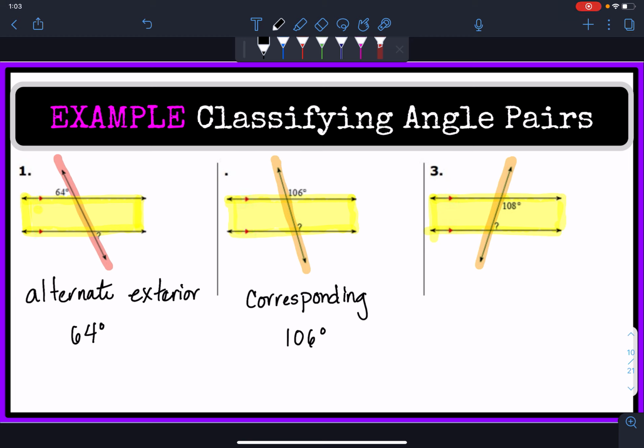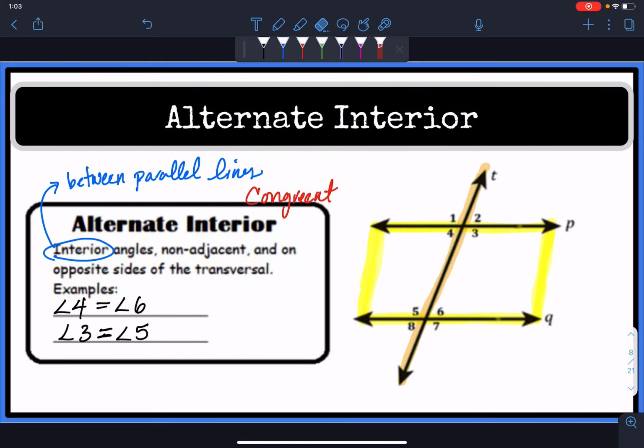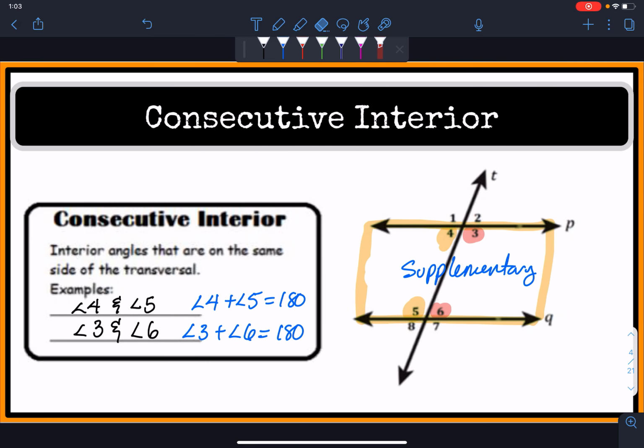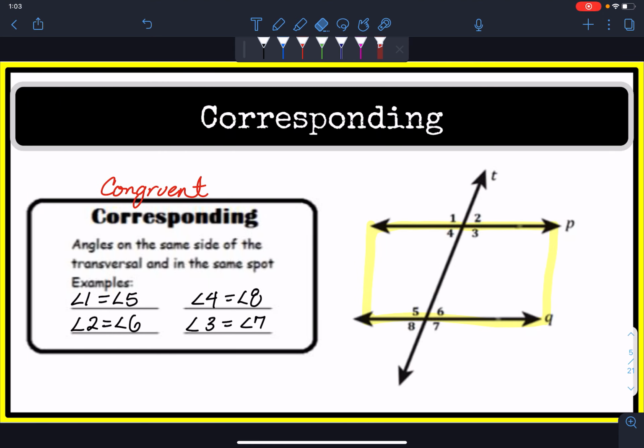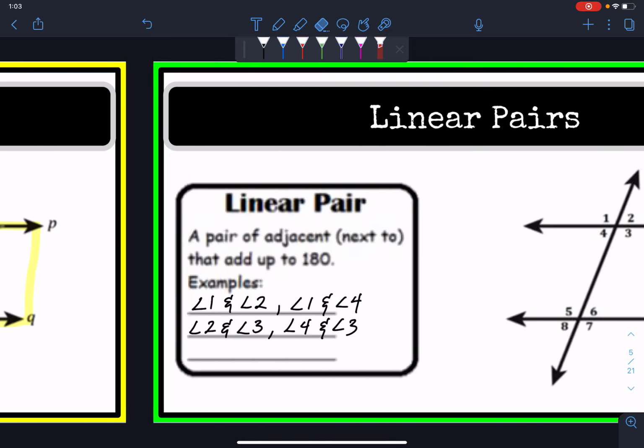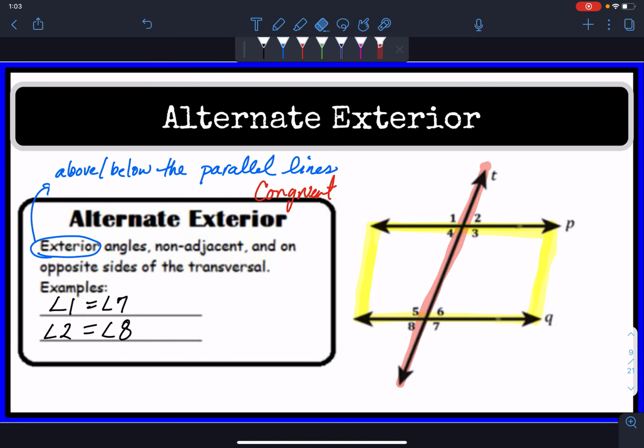They're again interior angles. Well, same sided interior angles, which means again they're consecutive interior angles. So it's consecutive interior angles, again angles that are both on the same side and on the inside, add up to 180 degrees.